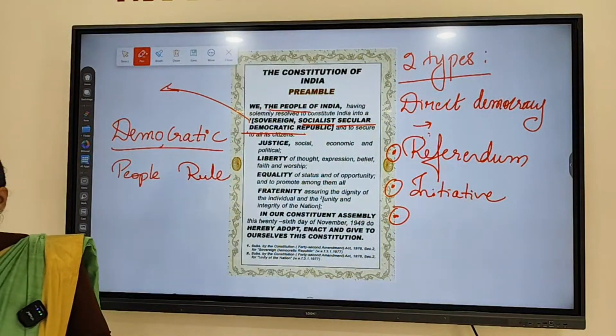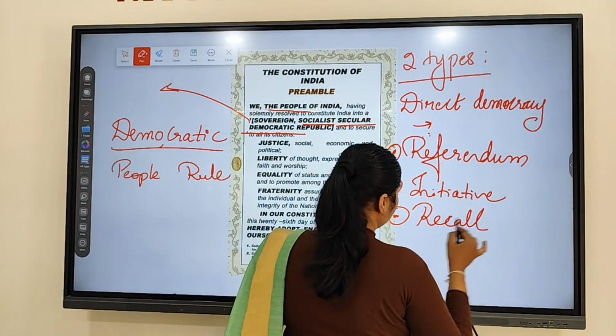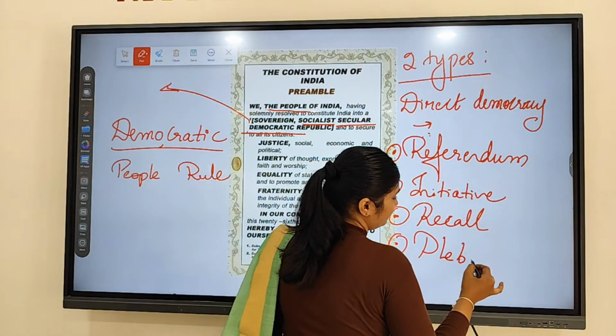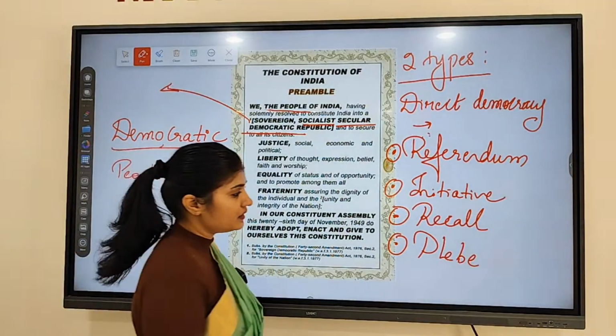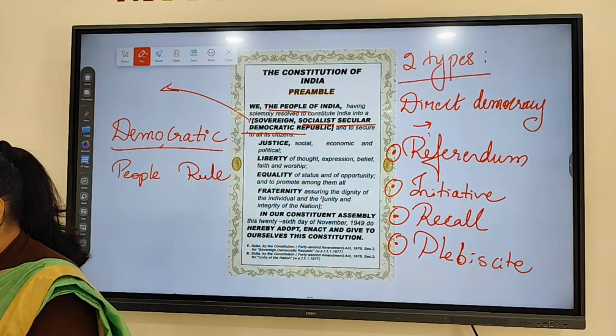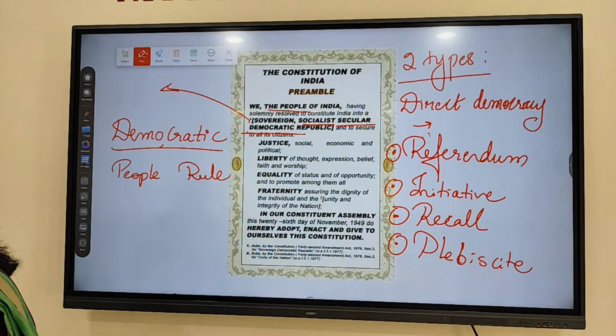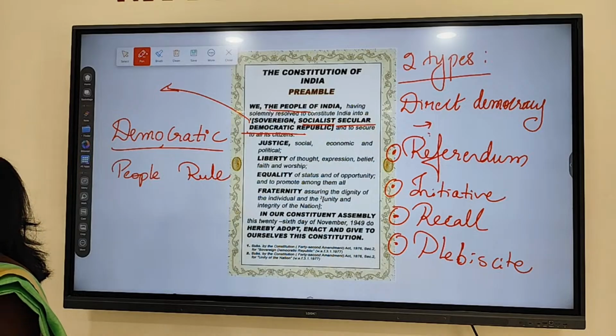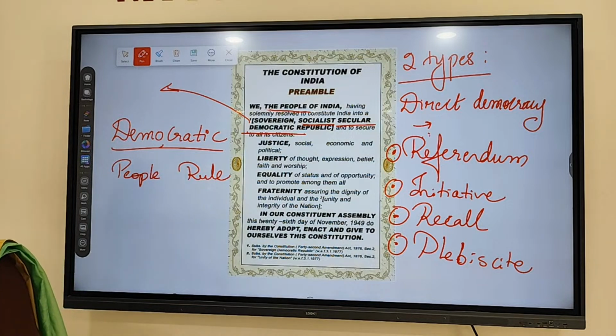Referendum, initiative, recall, plebiscite. First one, referendum.